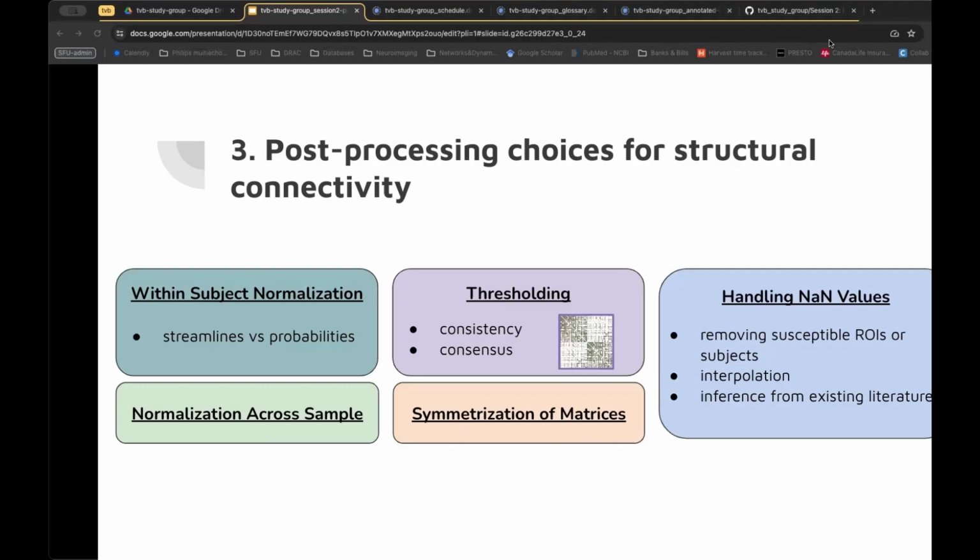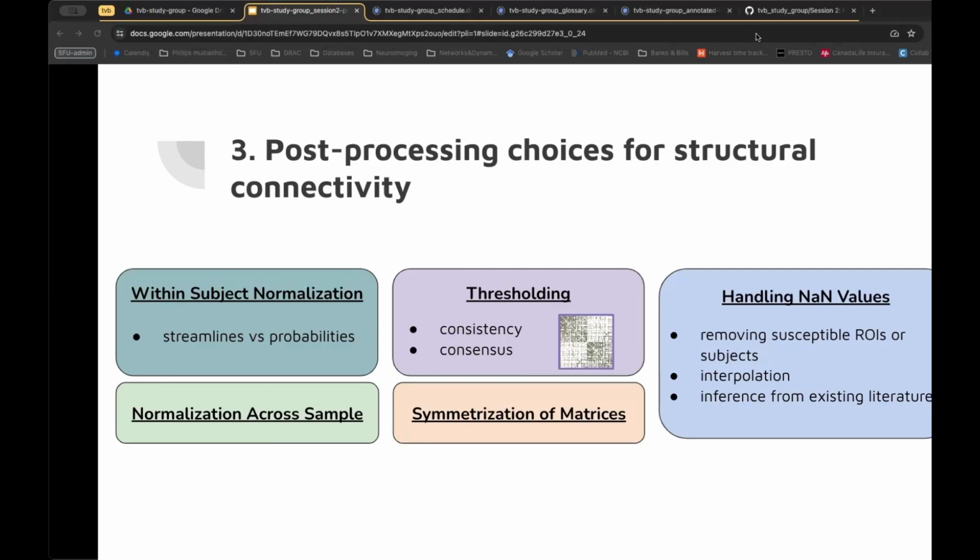So that's consistency thresholding. With consensus thresholding, you'll set a certain threshold, let's say 75%. And what you'll do is zero out any connections that don't meet that threshold. If you have a connection where you don't have at least 75% of participants having that connection, you'll set that connection to 0 for all participants.